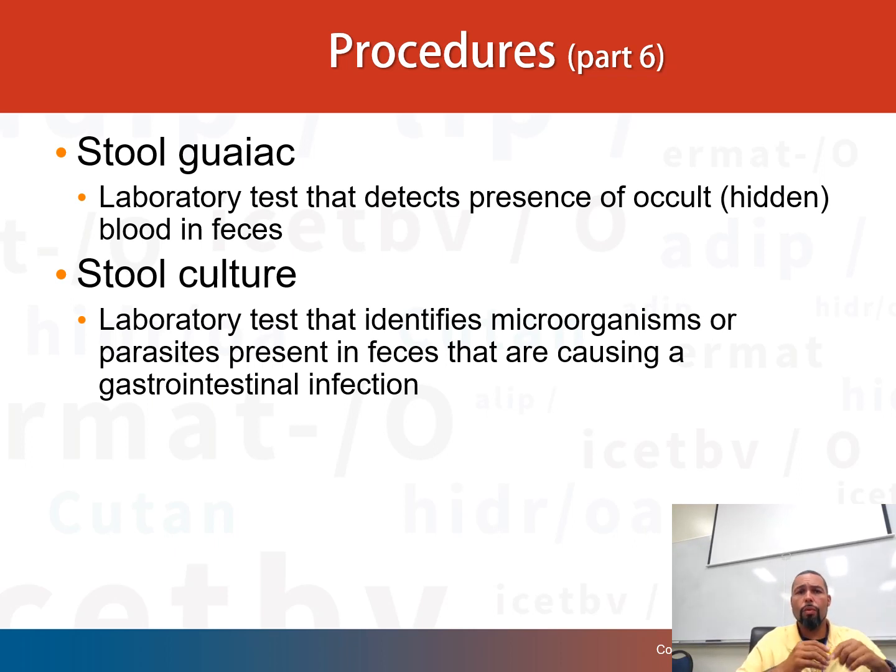You also have the stool culture test, which is a lab test which identifies microorganisms and parasites that may be present in the feces of a patient, which can be causing gastrointestinal infestation. And this is a great tool to help providers treat and diagnose certain infections and certain diseases.